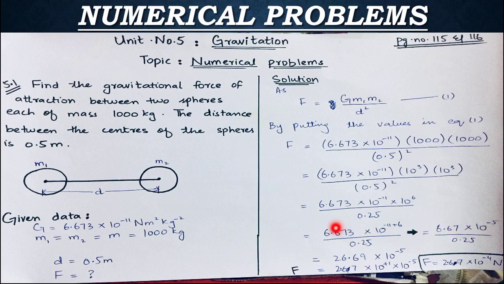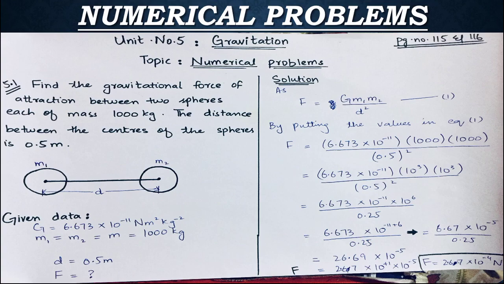Now if you divide 6.673 by 0.25, you will get the answer as 26.69. Now we want to shift the point towards the first non-zero digit. What will I do? If we want to move the point towards the left, we get 10 raised to the power positive. But if you want to move the point towards the right, you'll use 10 raised to the power negative.